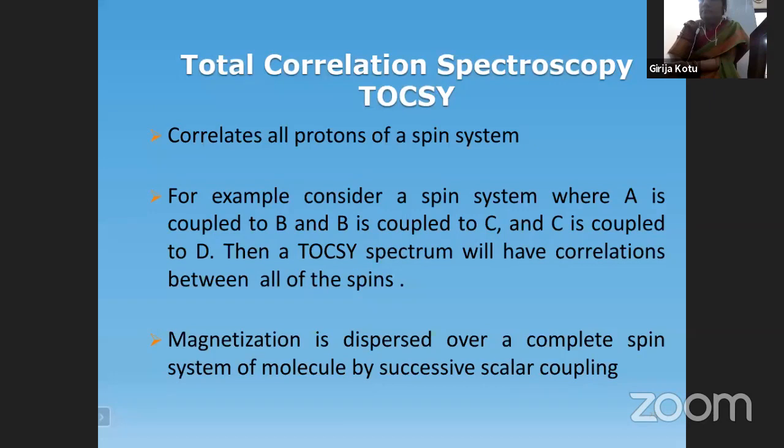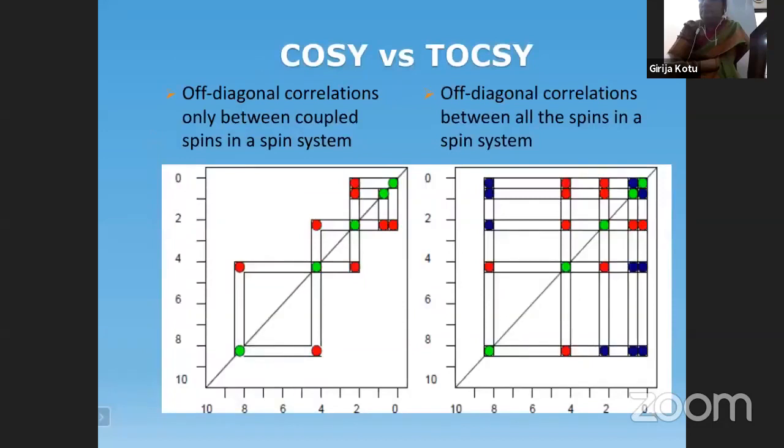So A will have 3 connectivities, to B, to C, to D, and similarly B will have connectivity not only to A and C but also to D. So each will have connectivity to every other spin in the total spin system. That means the magnetization is dispersed over a complete spin system of a molecule by successive scalar coupling. This is TOCSY, total correlation spectroscopy.